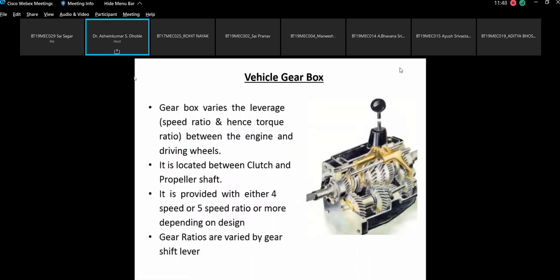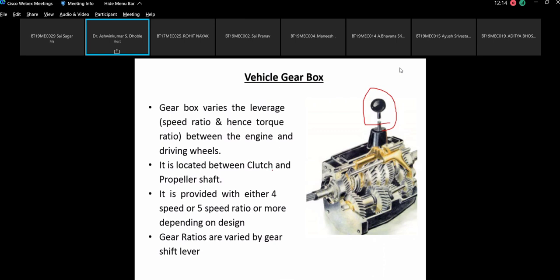Now, out of this, we are going to focus our attention on the study of the vehicle gearbox. Usually you see such a lever in the driver compartment just beside the driver and co-driver seats. The gearbox varies the leverage, speed ratio and hence torque ratio between the engine and the drive wheels.